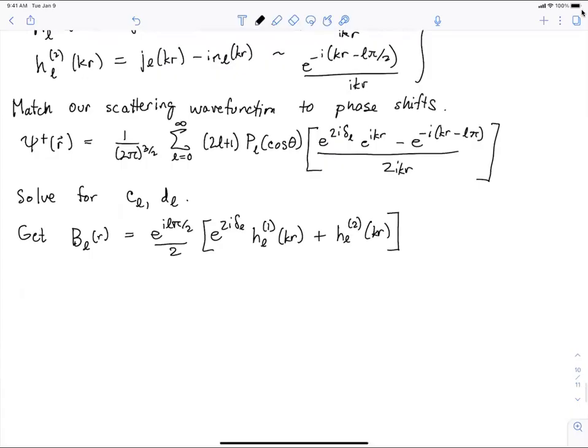Okay, and then once you've figured out the coefficients, then you can rewrite it in terms of the spherical Bessel functions again. So it looks like this. e to the i L pi over 2, e to the i delta L, cosine delta L times the spherical Bessel function minus sine delta L times the spherical Neumann function.